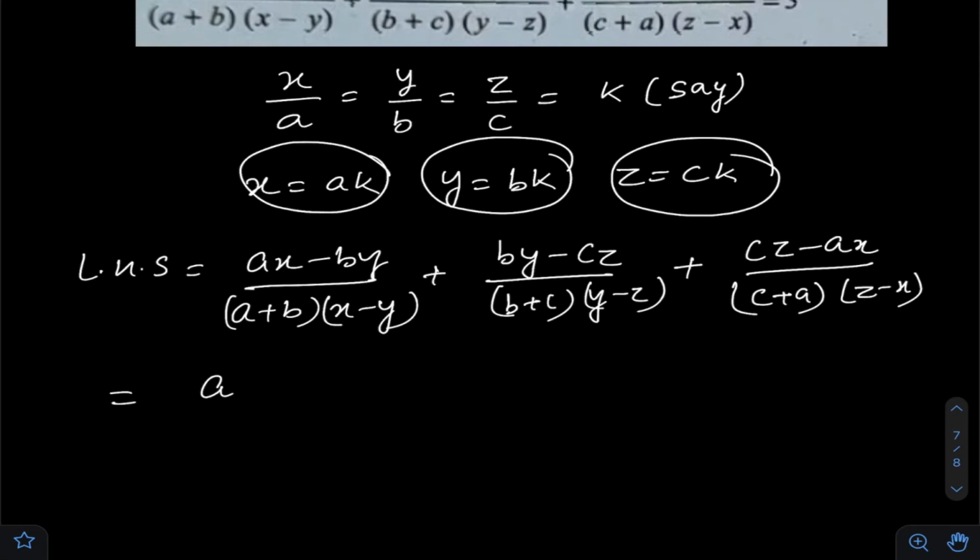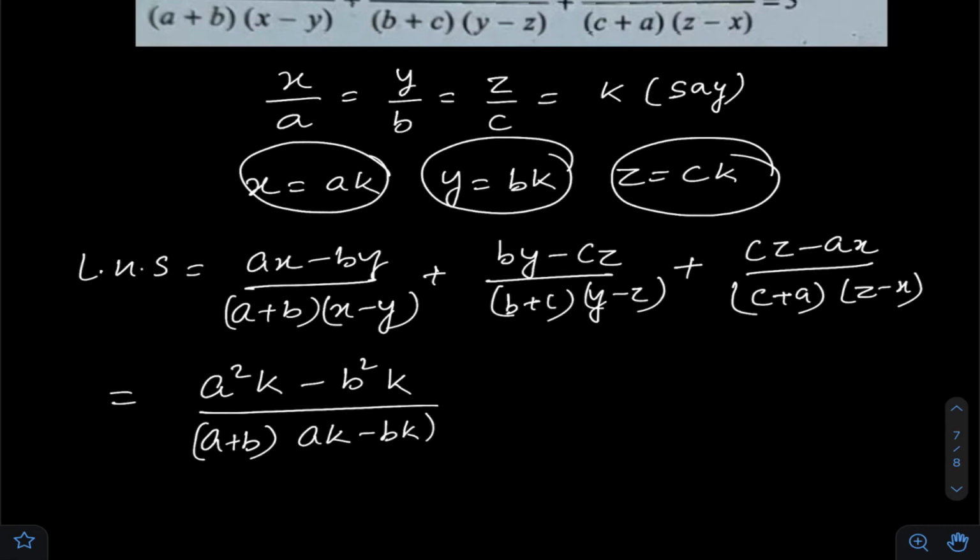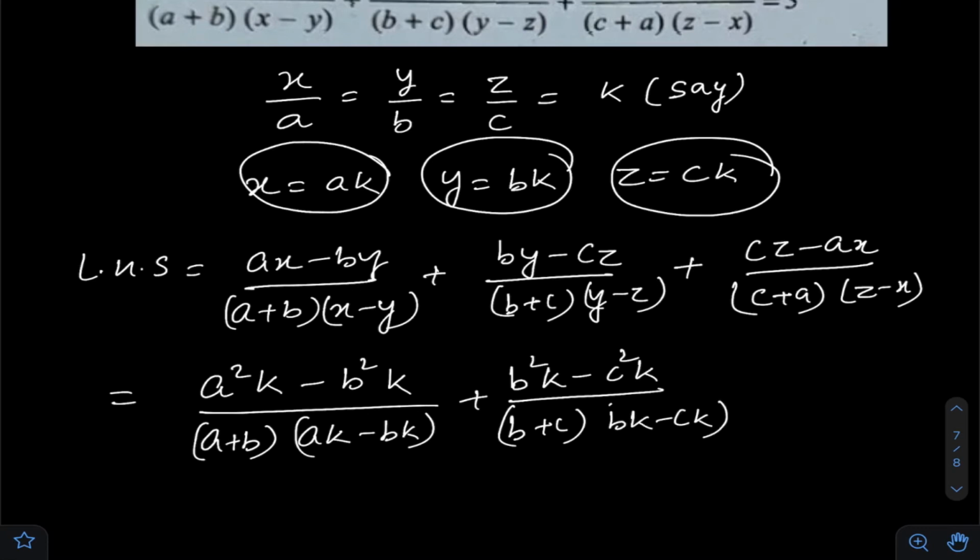It will be a square k, it will be b square k over a plus b, it will be ak minus bk, and here it will be b square k minus c square k over b plus c, bk minus ck, plus it will be c square k minus a square k over c plus a, ck minus ak.